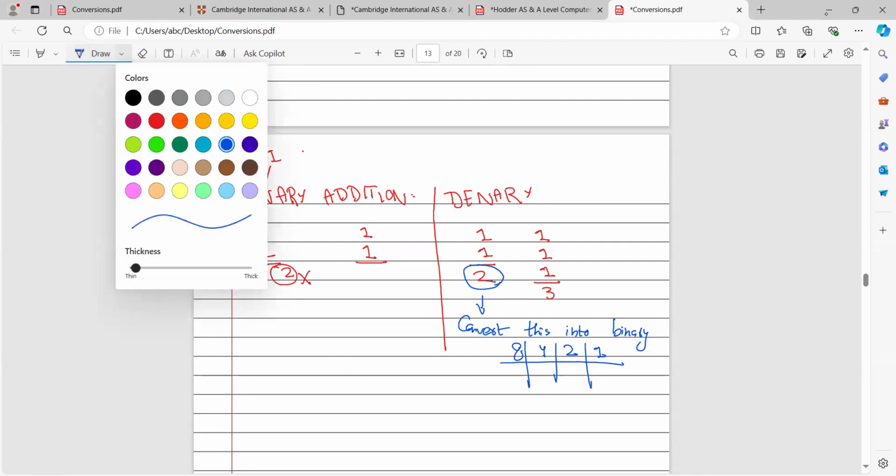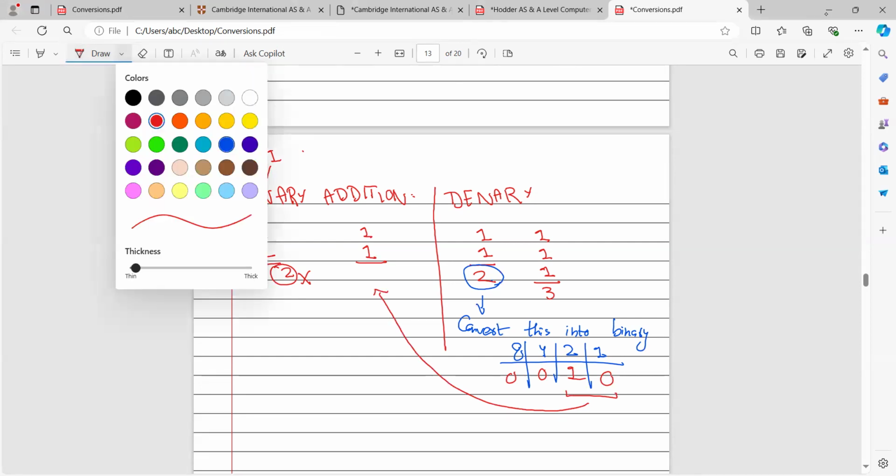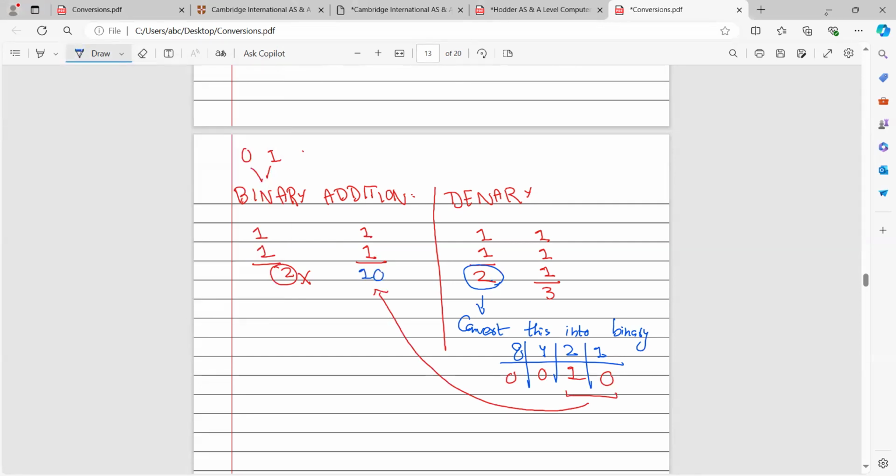And the final answer right here is 0010. Now this is going to be considered as your final answer. Your final answer right here is 10, or you can say that 1 and 1 if I add together this is 0 with carry 1. Do you have any confusions in this?